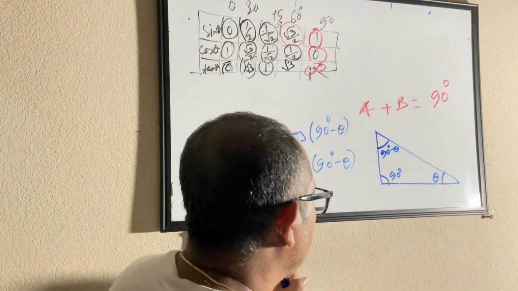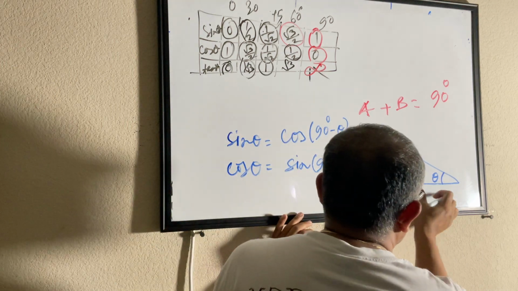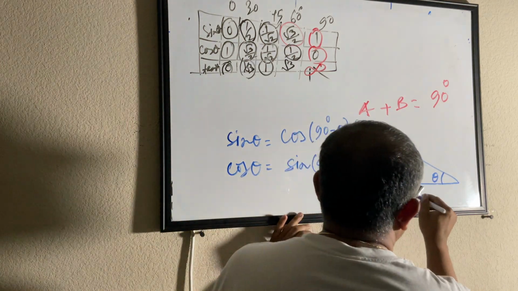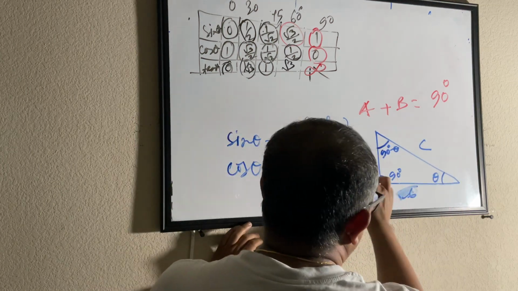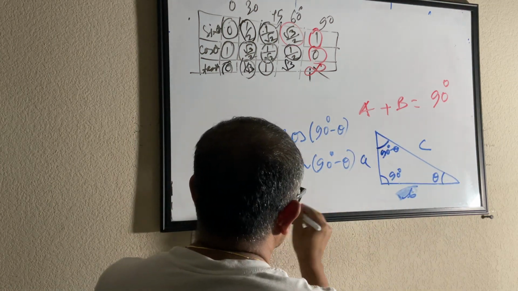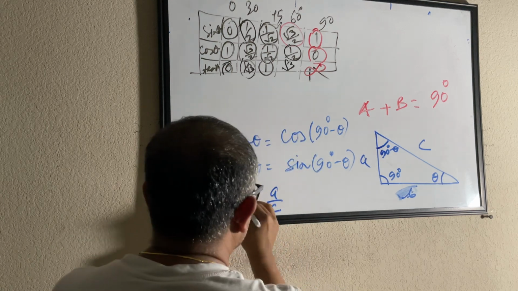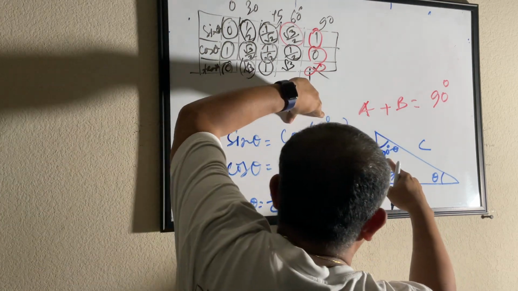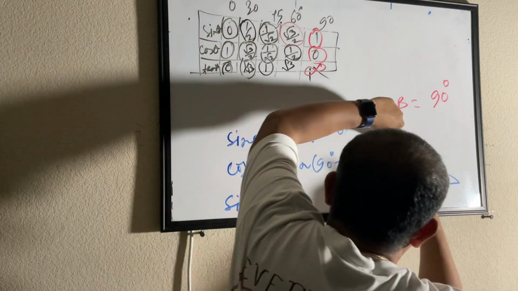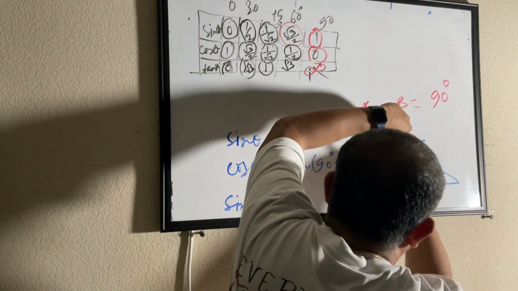Now you will say how? Let's look at it. Let's say this is A, this is B, and this is C. Sine of theta will be A by C. Now this is cos of 90 minus theta.